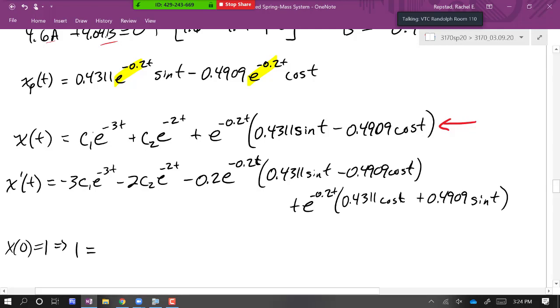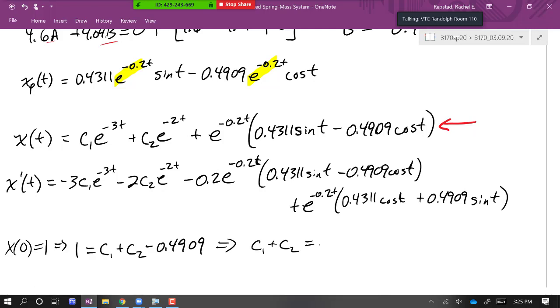Okay, so when we plug in 0, we get C1 plus C2. And then the sine goes away, so negative 0.4909 minus. So C1 plus C2 equals 1 minus 0.4909.